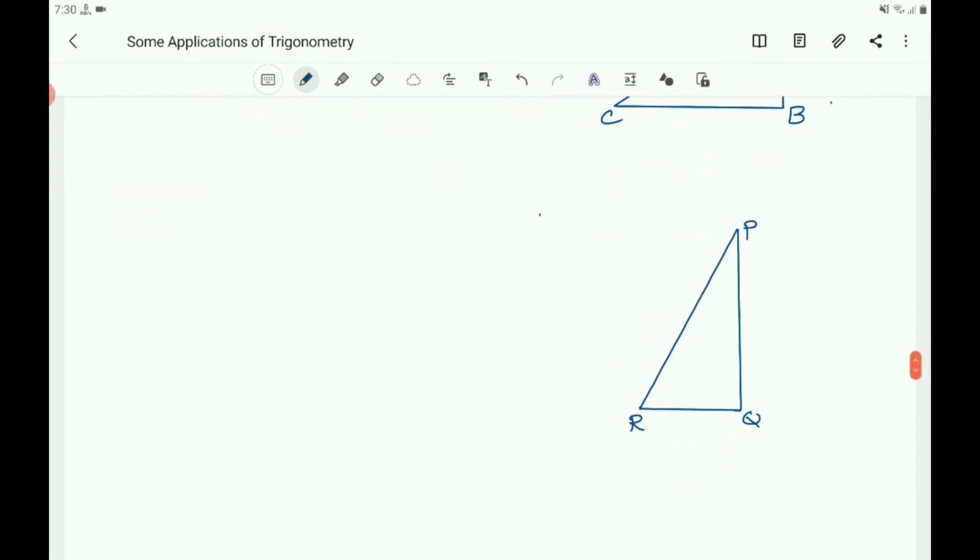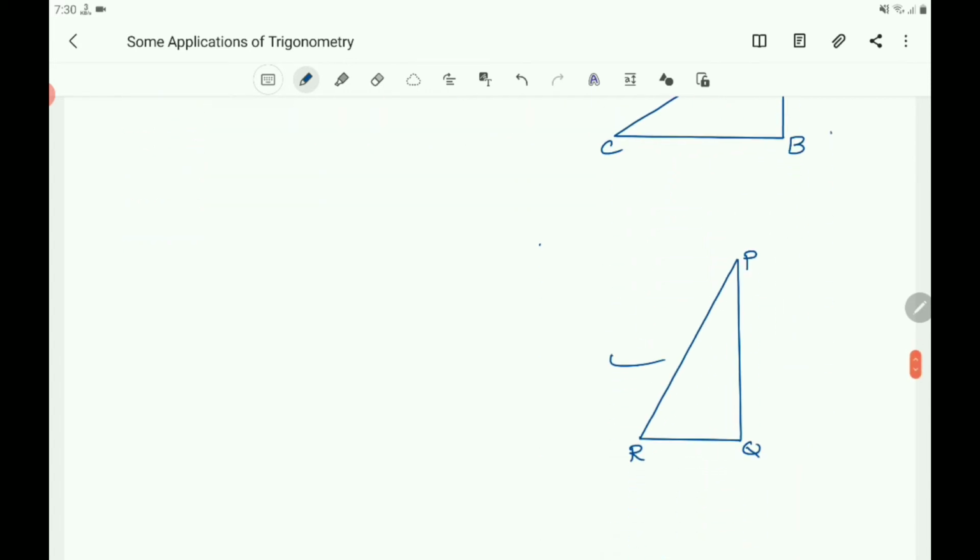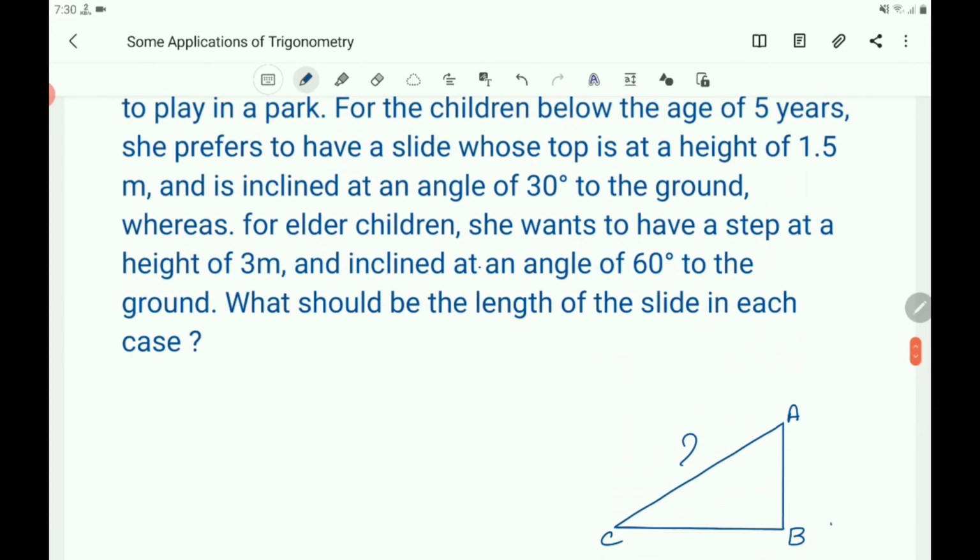That is the second figure. This is for the elder children. In each case we have to find the length of the slide. Here the slide is AC. We have to find the length of AC. Here also we have to find the length of PR. Here AC and PR are the slides in both cases.